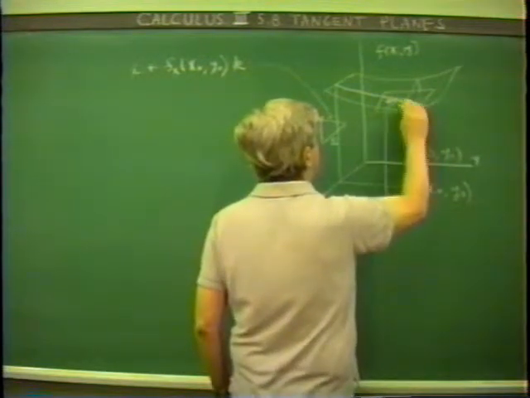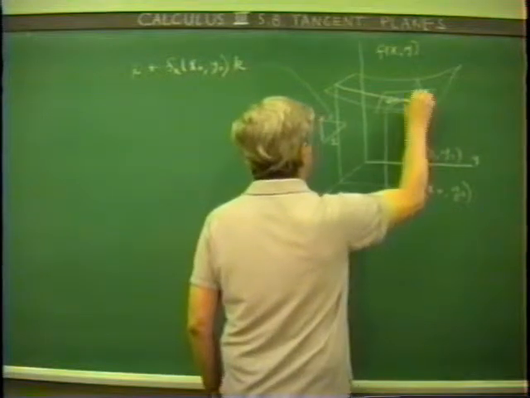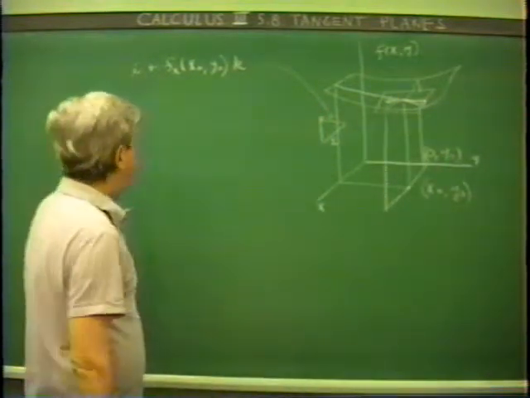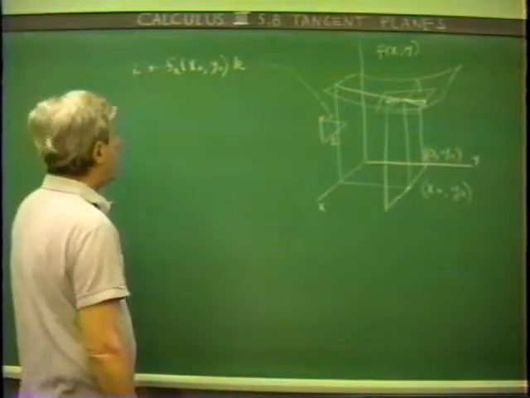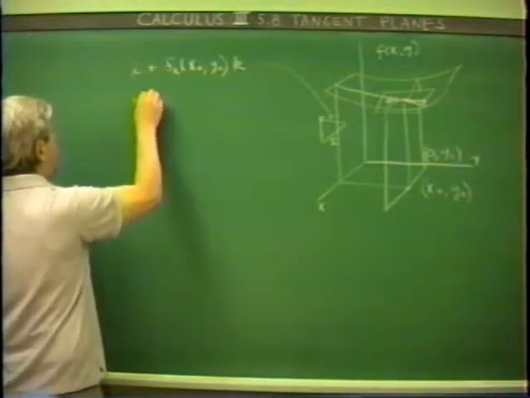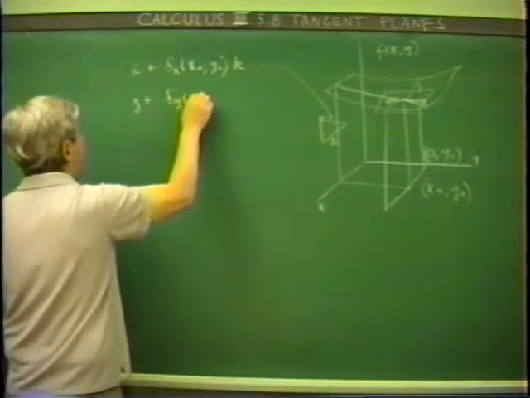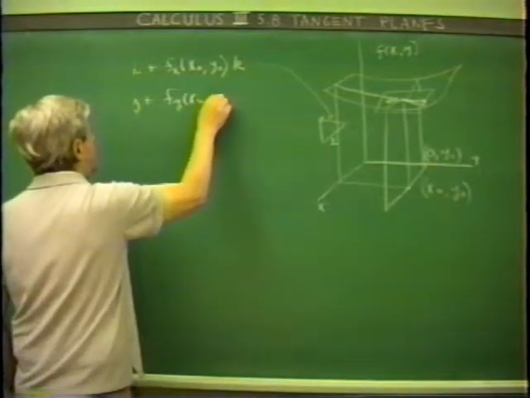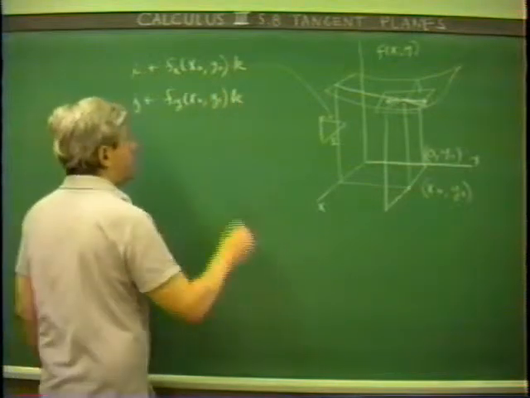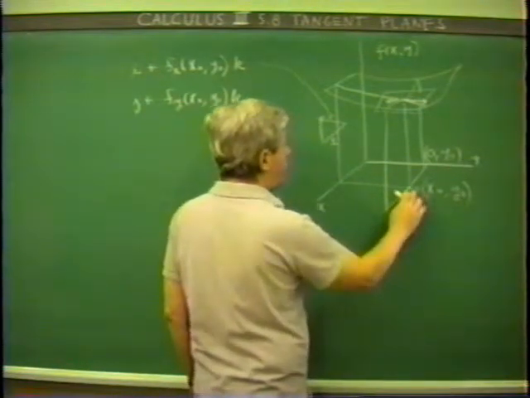We now do a similar analysis here, proceeding in this direction, right, we end up with a vector over here. And what should that vector be? Well, it wants to be j plus the partial of f with respect to y at the point x naught, y naught, times k.